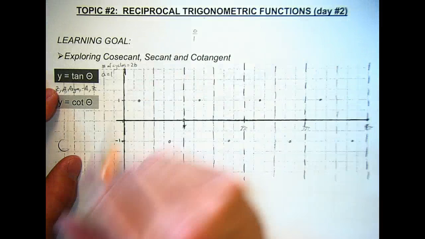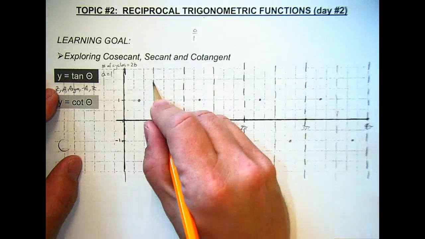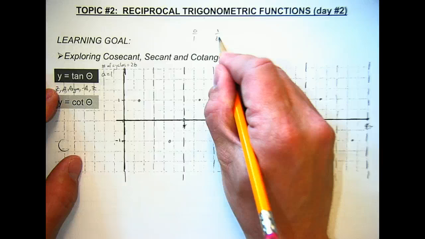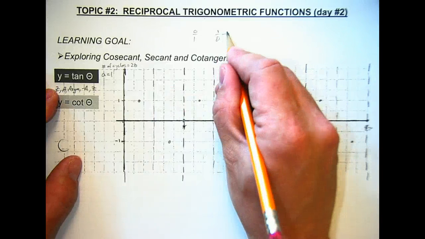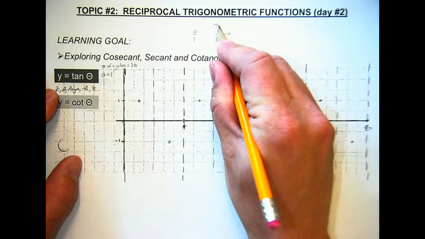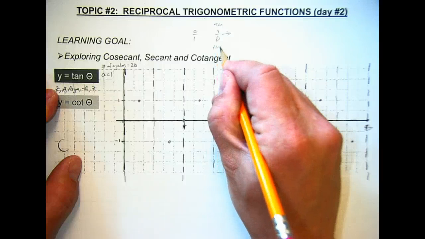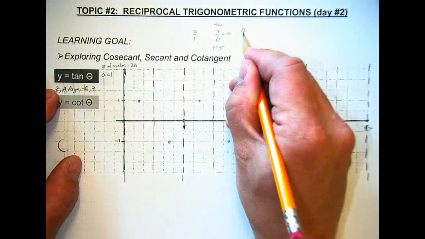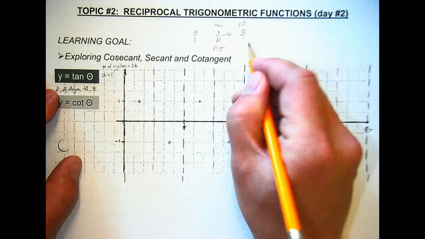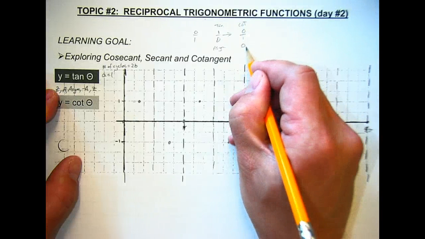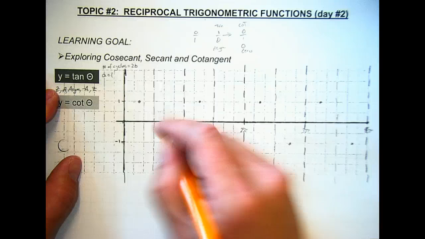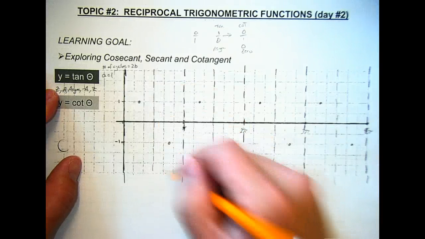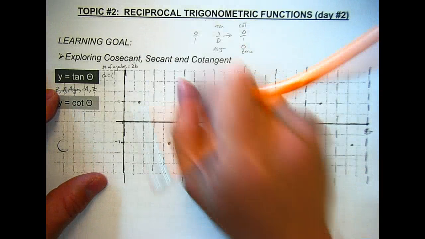If for tangent I had 1 over 0, that gave me an asymptote. If I flip that, I now have 0 over 1 for cotangent. That's now a 0. So all these asymptotes you had for tangent now become zeros for cotangent.